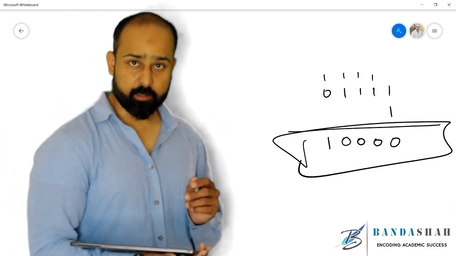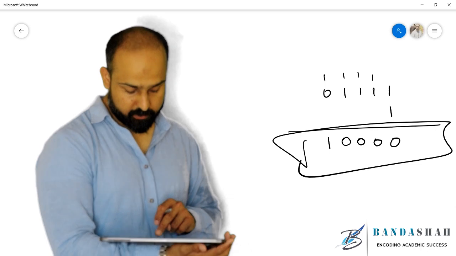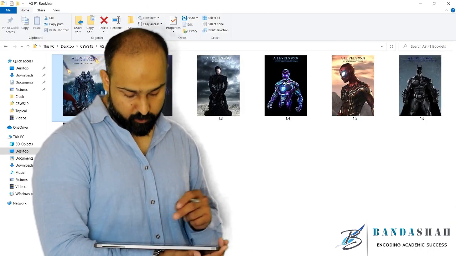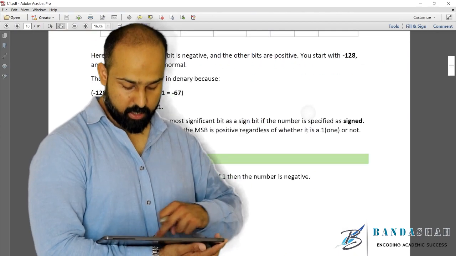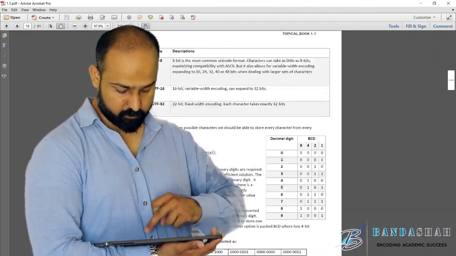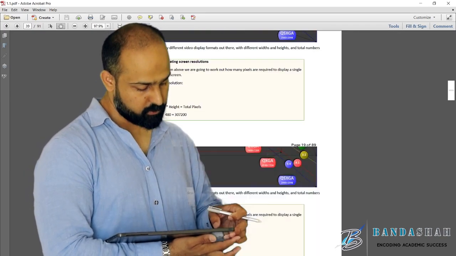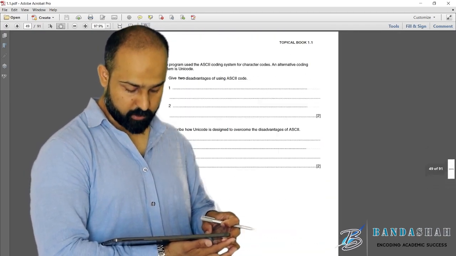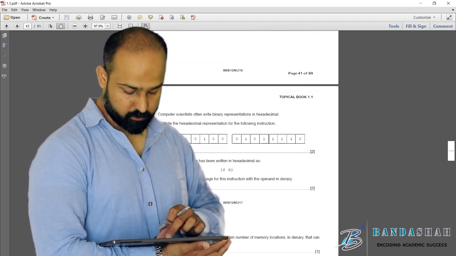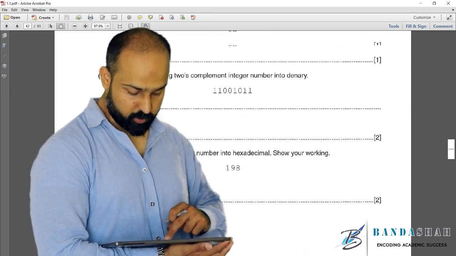Now let's have a look at the past papers, and how you can take help from there. Use the similar booklet, and after the notes, go down. There we go, you have lots of questions relevant to conversions.